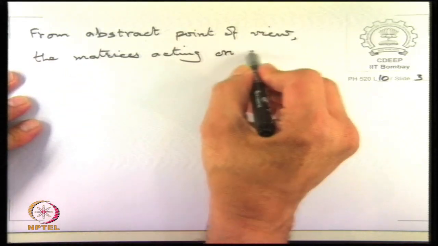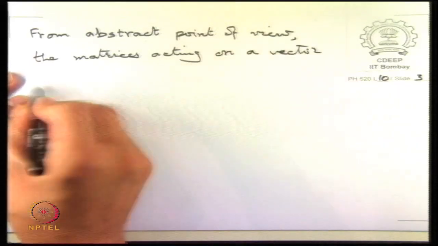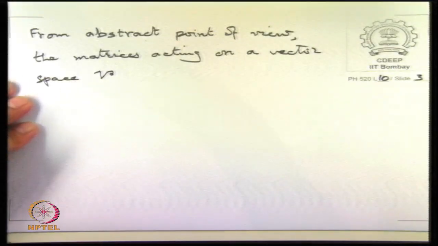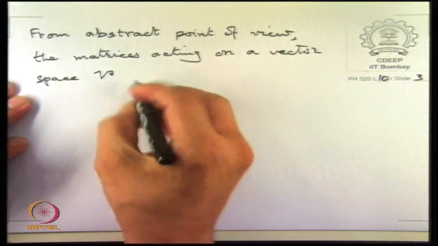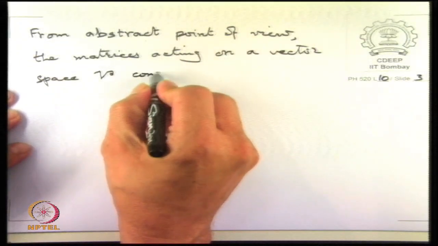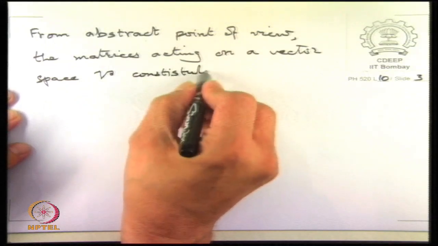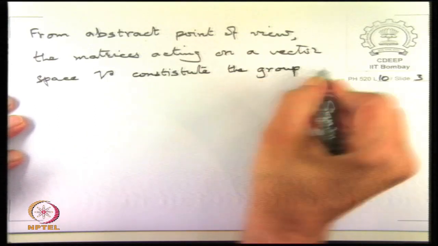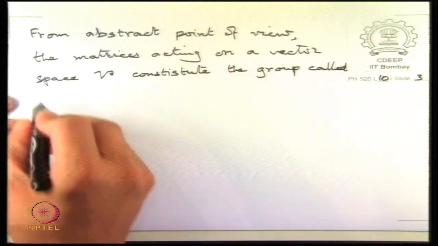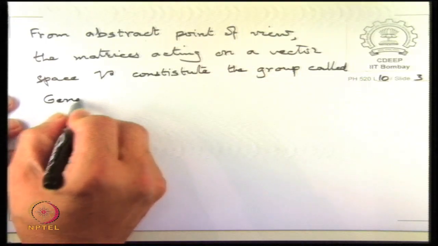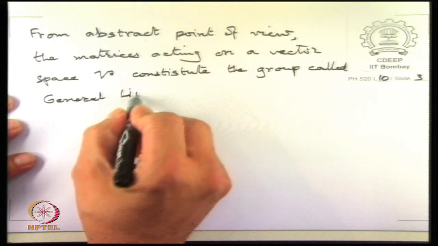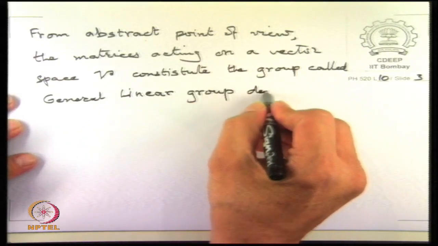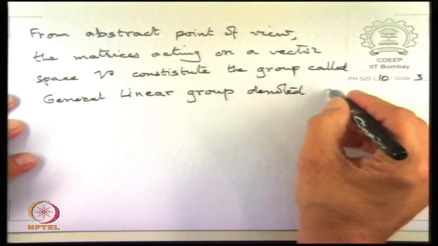The matrices acting on a vector space V constitute the group called the general linear group, denoted GL(V).